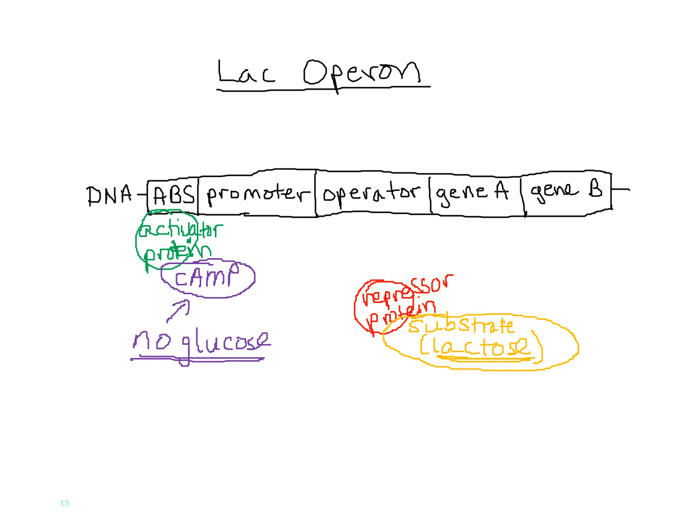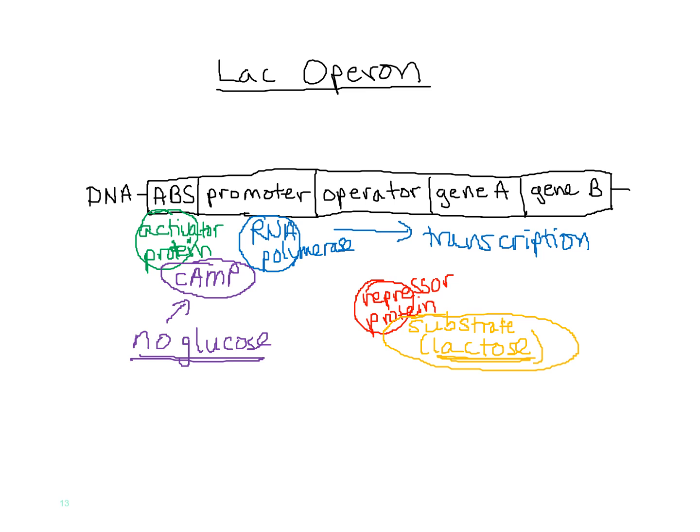And once the activator protein binds the activator binding site, then RNA polymerase can bind to the promoter. And since the repressor protein is off the operator, we can go ahead and do transcription. And that will turn the LacOperon on.